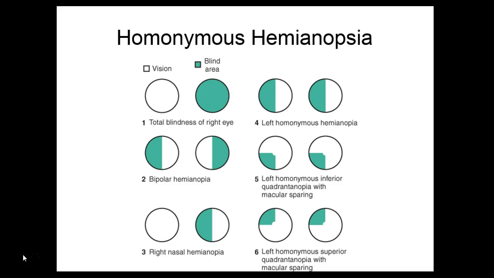You have to realize that when they first come in, if you come at them from the right side, they'll be able to see you. If you approach them from their left side, they're not going to be able to see you. So in the acute setting, you're going to want to approach them from the sighted side, the side that they have vision from. Once they're transferred to a rehab facility, you're going to want to start training the person to look towards their left side.